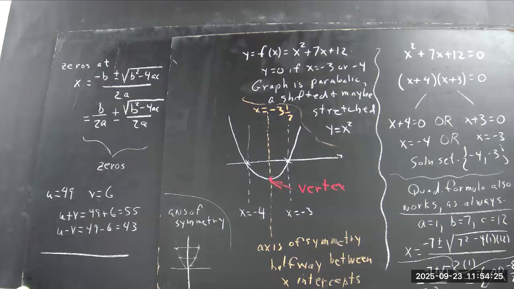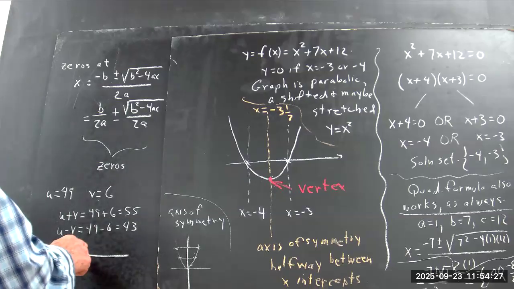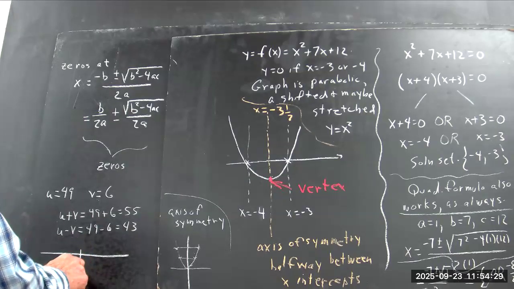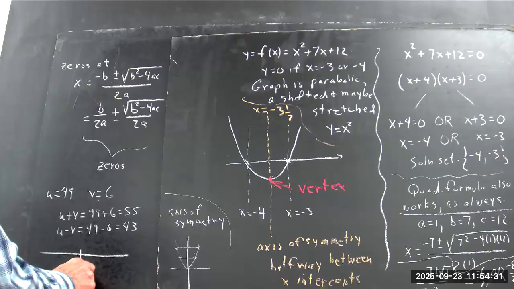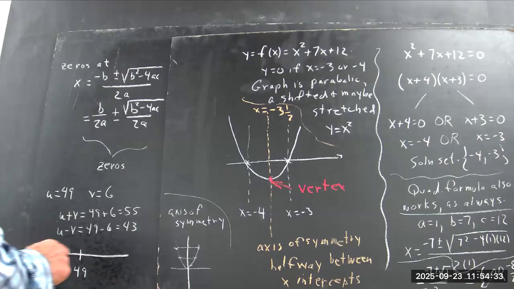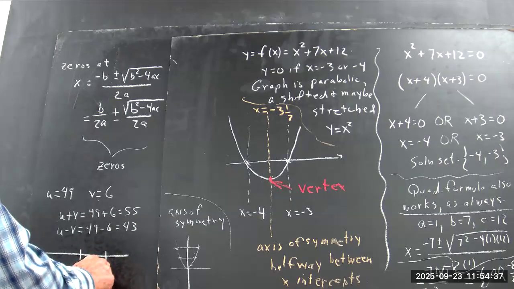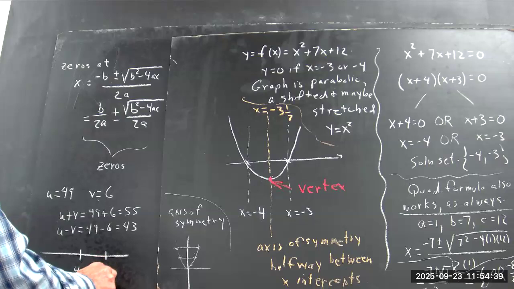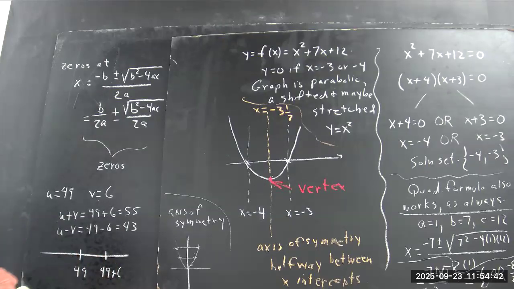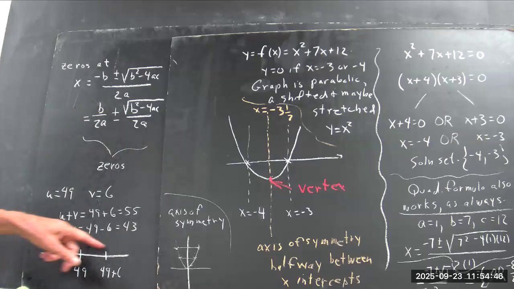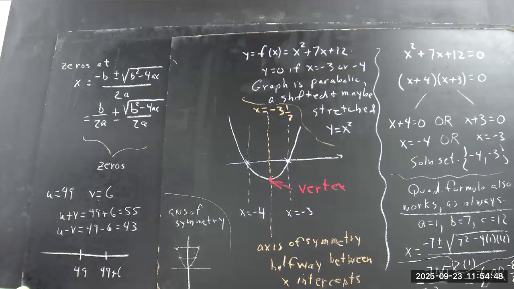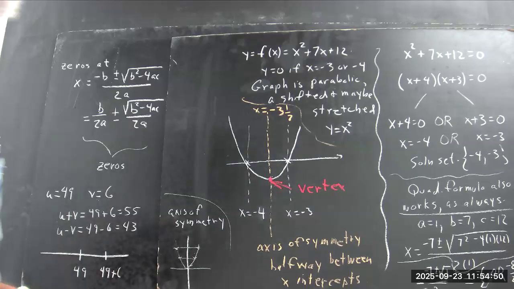Now, this is also easy, but not quite as easy. I'm going to put 49 here. Then I'm going to put 49 plus 6. And then where am I going to put 49 minus 6? So write your numbers here and then show me where 49 minus 6 ought to be.